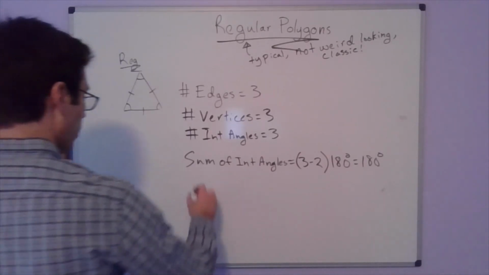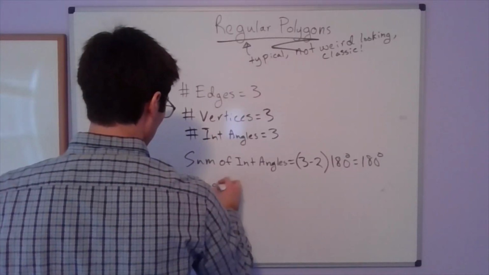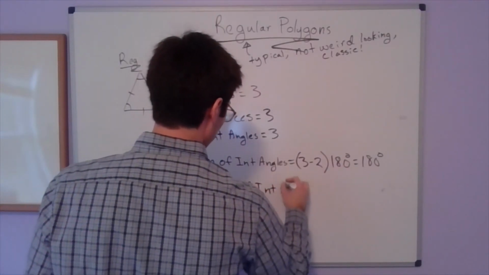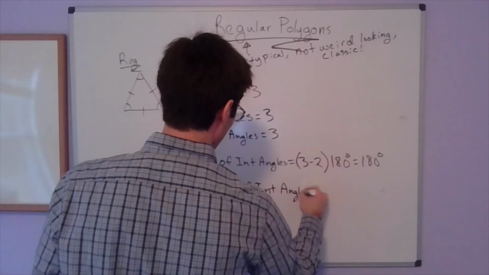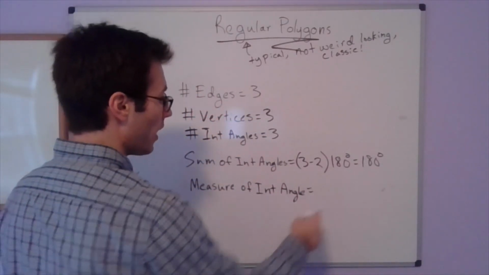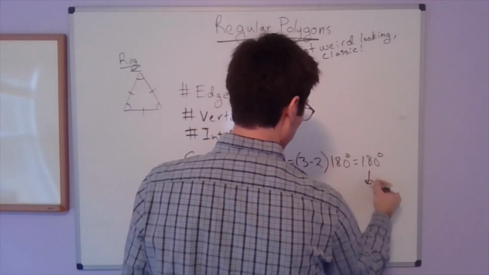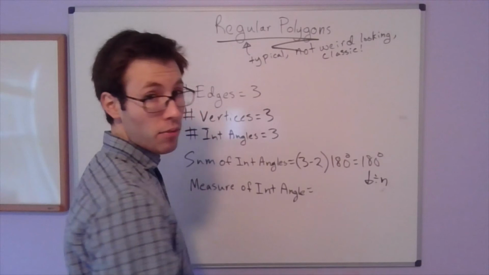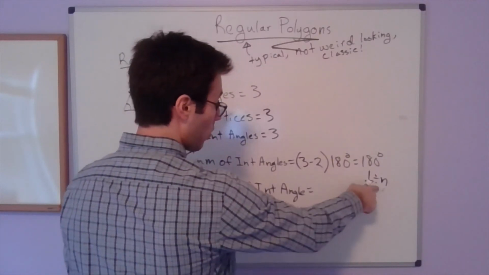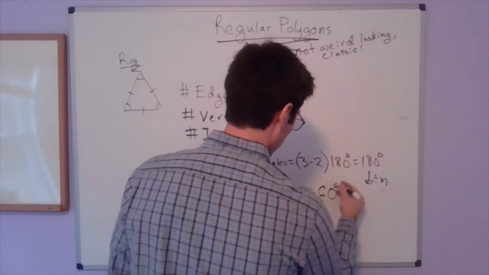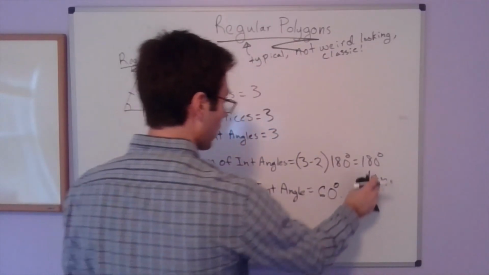The measure of a single interior angle is obviously going to be 60 here. We take 180 and we divide it by n. Here we have 3 as n, so 180 divided by 3 will give us 60. So it's 60 degrees. Clearly, that's true right there.